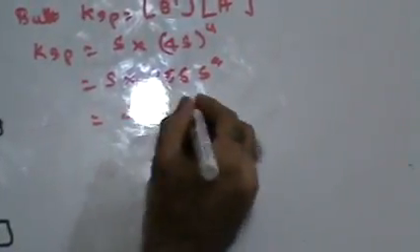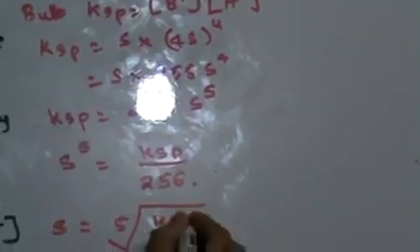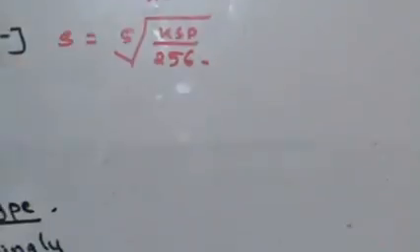So it is 256 S raised to 5. So the solubility product is going to be 256 S raised to 5. Therefore S raised to 5 is KSP upon 256, and S is the 5th root of KSP upon 256.